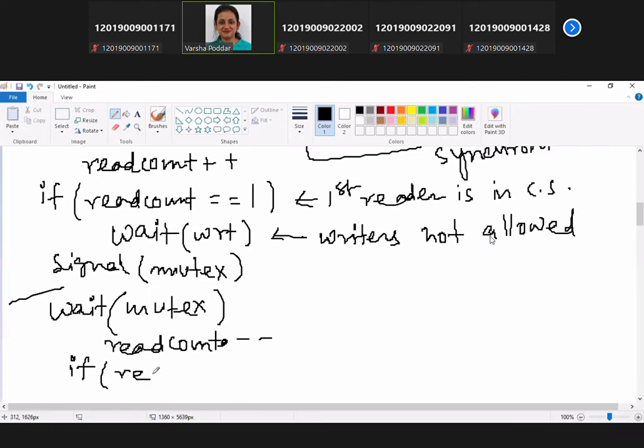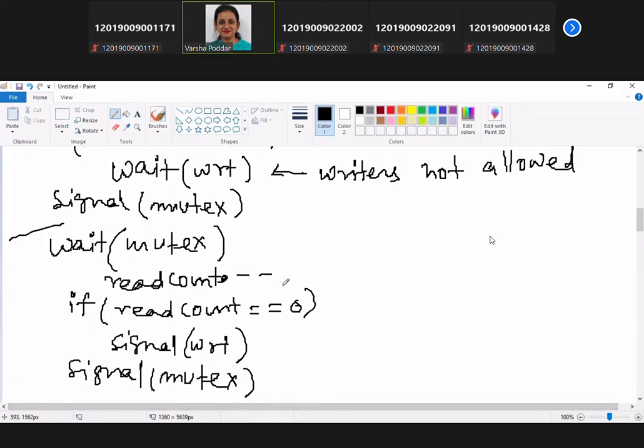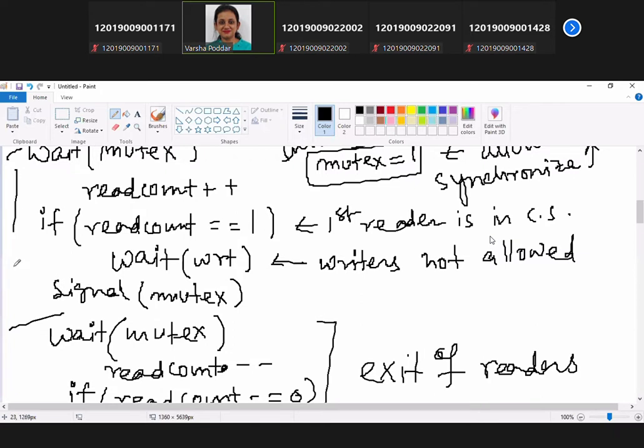If there is no reader, that means read count is equal to 0, then you can allow the writer. So signal write, and then you release mutex. Okay, so this is the exit of readers, and this is the entry of readers, right? So this is entry and this is exit.